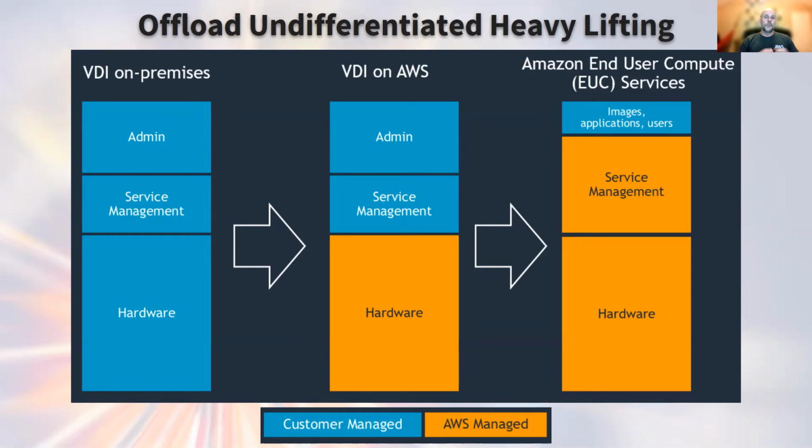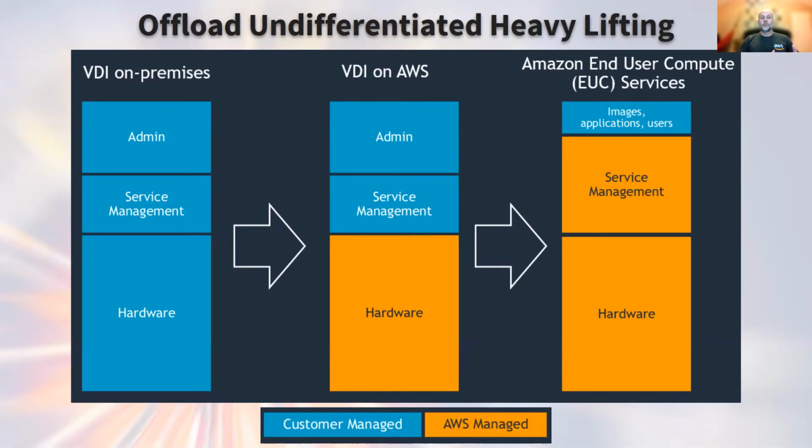So they would be responsible for the hardware, for the operating systems, for the patching, for the management of the service, for keeping everything on the right version. And then finally, the administration of your desktop environment, meaning what versions of desktop do you want to support, what users have access to them, and what applications do you want to have running on them.